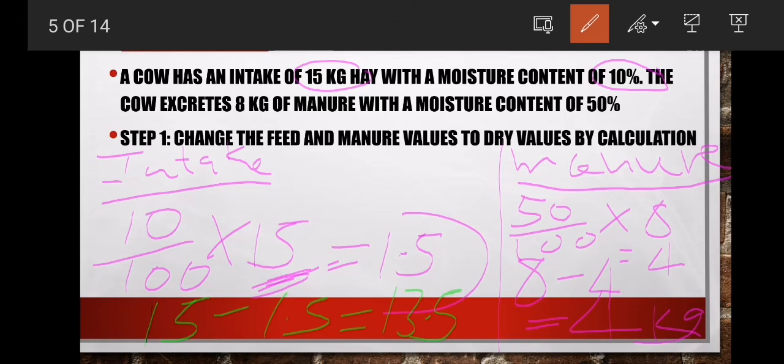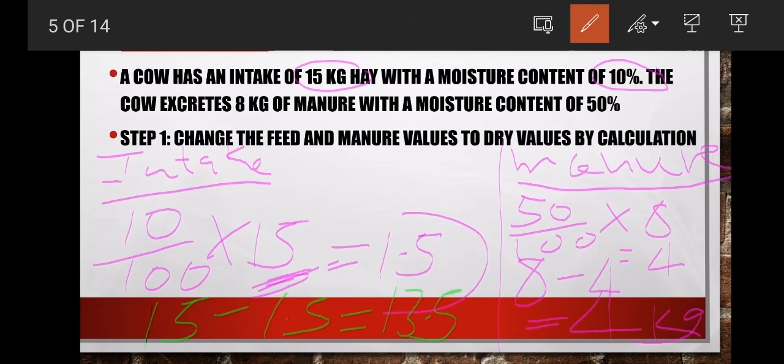So now we have the dry material intake and the dry mass manure. The dry material intake that we have now, it's what? It's 13.5 kg. The dry mass manure that we have, it's what? It's 4 kg. Let us check, people. What do we do next? You now take these figures that you have.